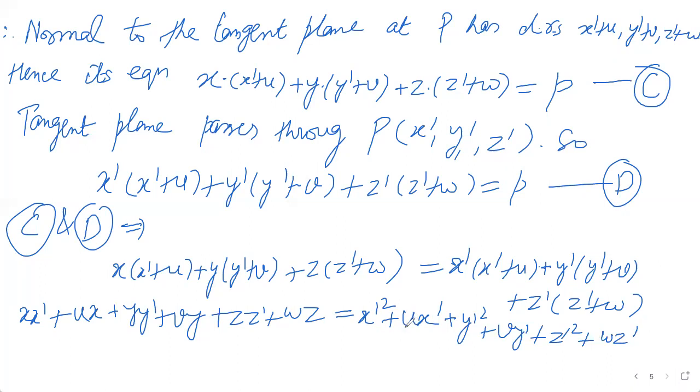And here I can write x dash square plus y dash square plus z dash square plus ux dash plus vy dash plus wz dash. No, this is not a square, here there was a 2.